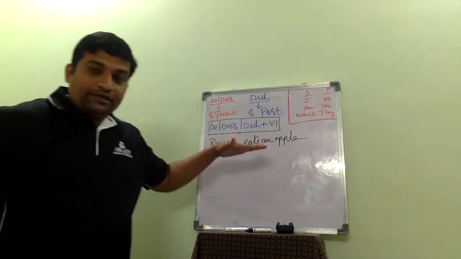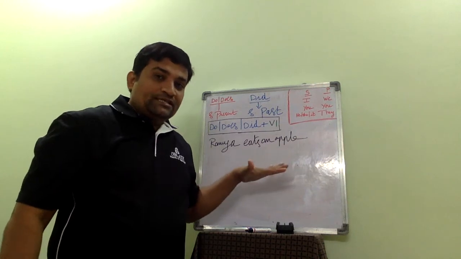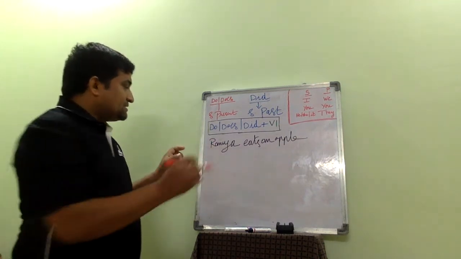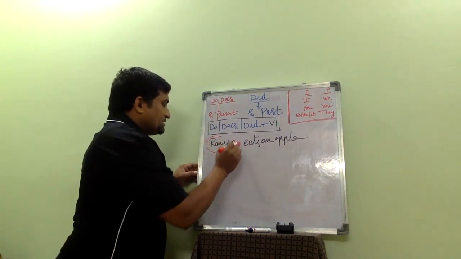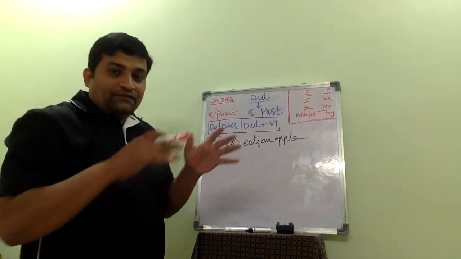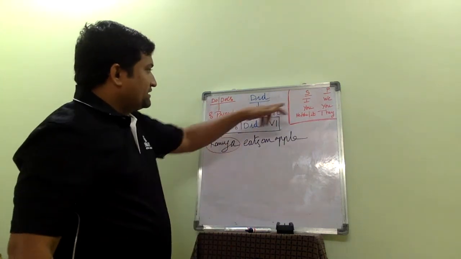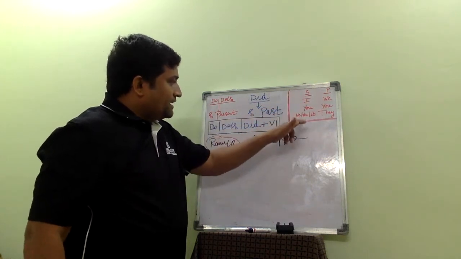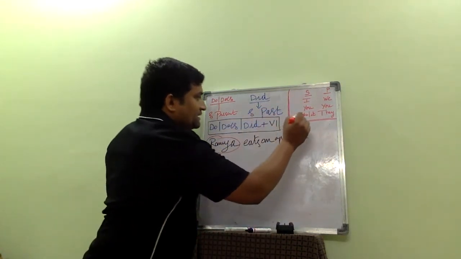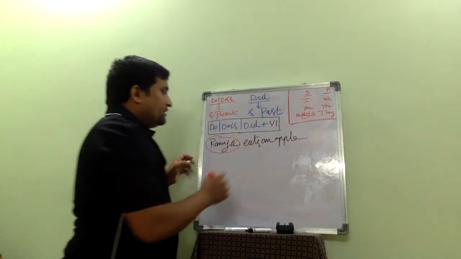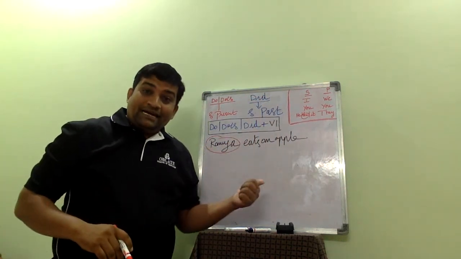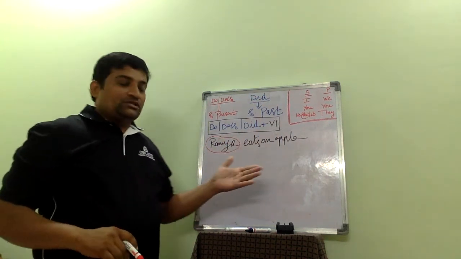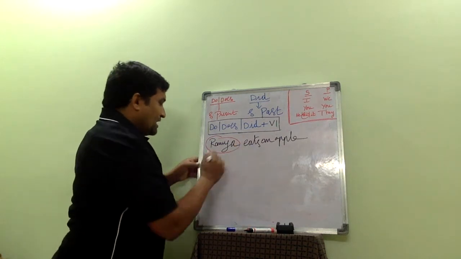Now we have to change this into a negative statement. How will you change it? Again, focus on the subject and find out under which category it comes: singular or plural, first person, second person or third person. Ramya comes under third person singular, so we have to use does, as we do when framing questions.